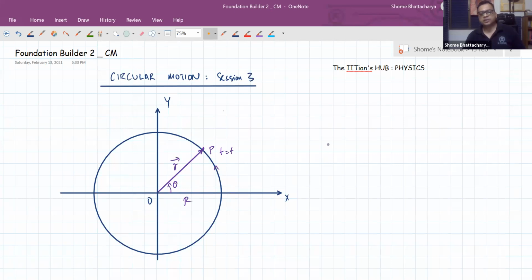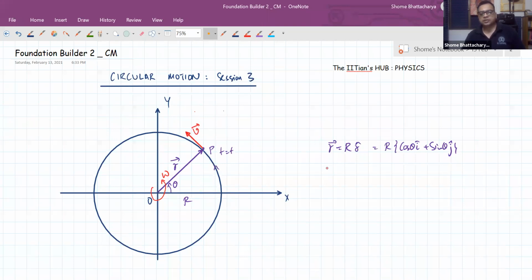its position vector becomes capital R, its radius into r cap, which we can further write as r into cos theta i cap plus sin theta j cap. And if we know its angular velocity is omega, then on the basis of that, we can define its velocity vector. The velocity vector is along the tangential direction perpendicular to this, and its magnitude is r omega.